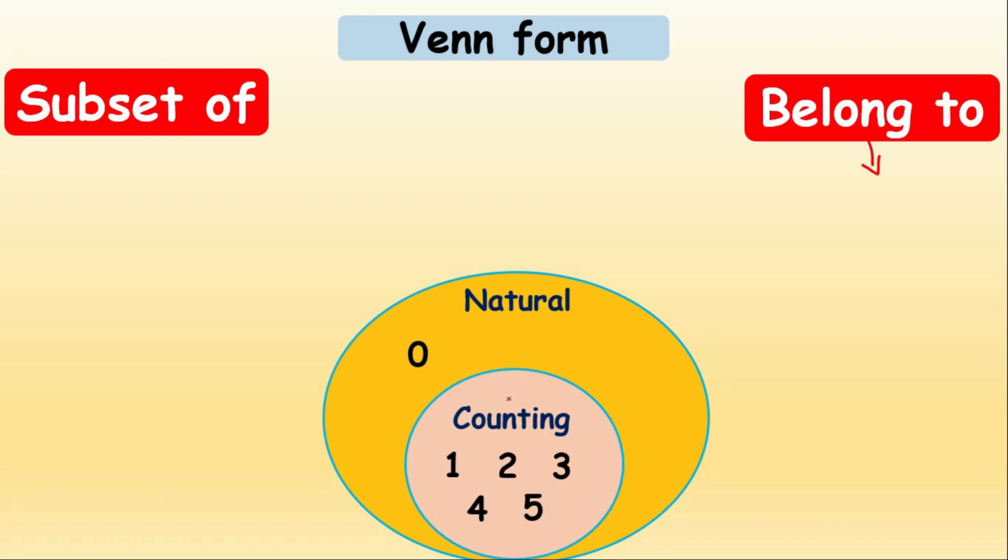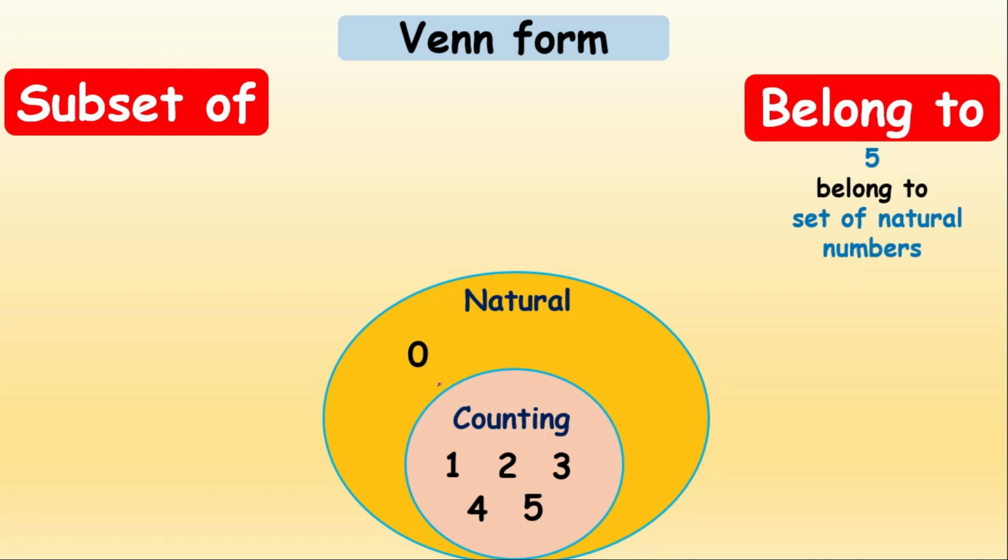And the set of counting numbers is a subset of natural numbers. What does that mean? Before we get confused, let's compare between the words subset of and belong to. For example, using number 5, 5 belongs to the set of natural numbers. So you can use belong to express the relation between any element or number and a set.